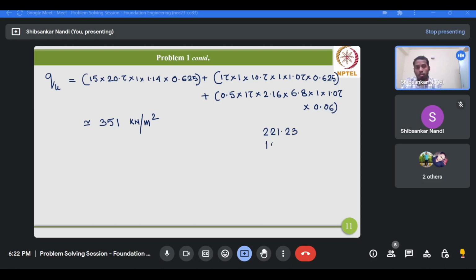This value is your 120.65 and 0.5 into 17 into 2.16 into 6.8 into 0.06. So this value is your 8.2. Yeah, something 351 value I am getting.